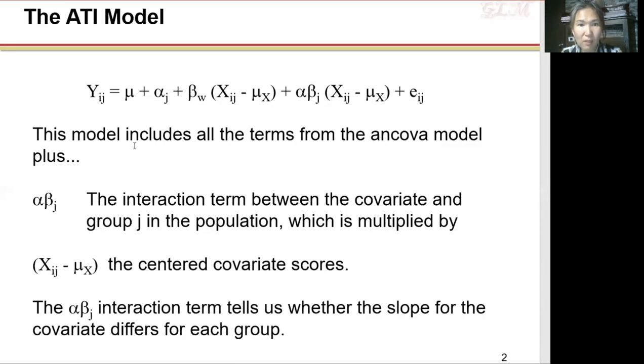This model includes all the terms from the ANCOVA model, plus an interaction term between the covariate and group j in the population, which is multiplied by this centering vector, xij, individual scores, minus mu x, the mean of covariate x, so centered covariate score. The alpha times beta j interaction term tells us whether the slope for the covariate differs for each group.